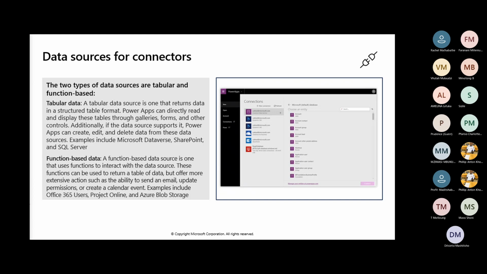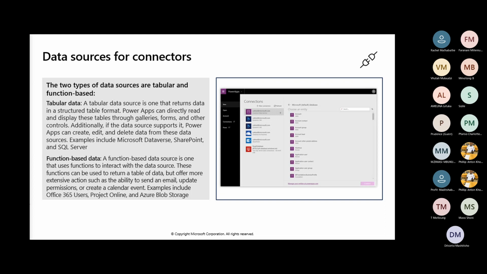Okay, and then we also have function-based data. Now, function-based data is one that uses functions to interact with the data source. Now, these functions can be used to return a table of data, but they offer more extensive actions, such as the ability to send an email, update permissions, create a calendar event. An example would include Office 365 users, Project Online, and Azure Blob Storage.